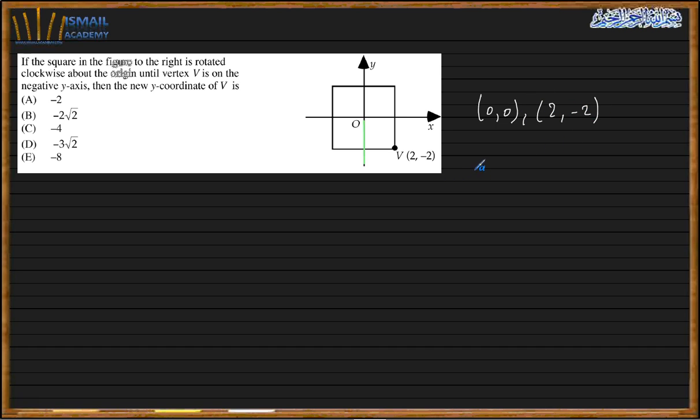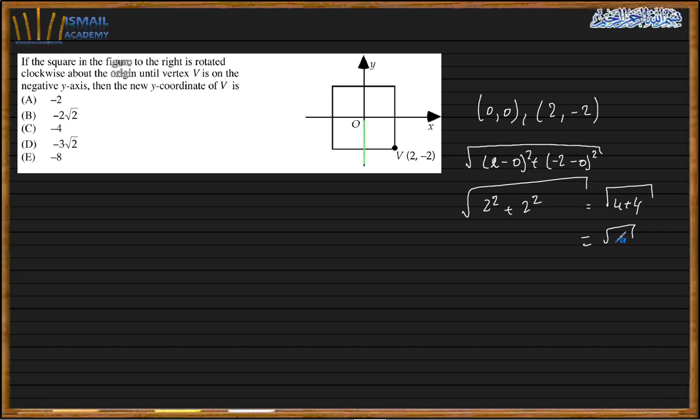The distance formula between two points is the square root of (2 minus 0) squared plus (-2 minus 0) squared, which is the square root of 2 squared plus 2 squared, the same as the square root of 4 plus 4, which is the square root of 8, which is 2 square root of 2.